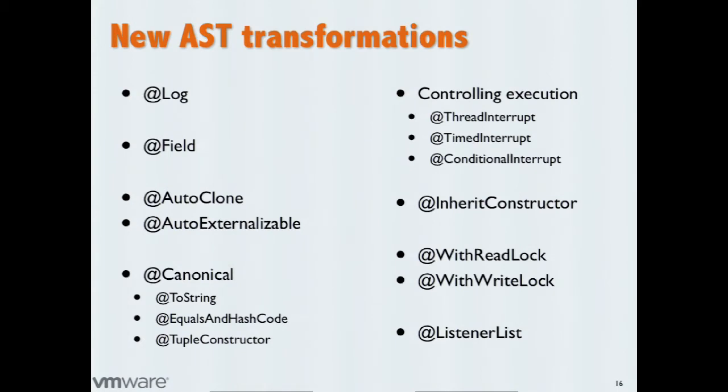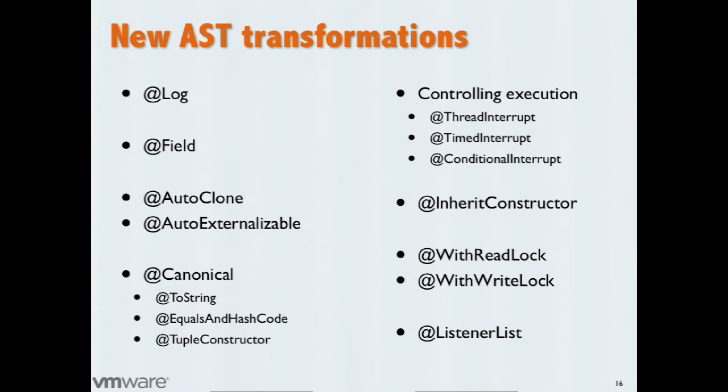The first ones came in 1.6, then some other ones in 1.7, and the latest ones in Groovy 1.8 and 2.0 as well, which simplify, I would say, the life of developers. One of the key design goals of Groovy is that we always try to simplify the life of developers by, for example, allowing you to write less boilerplate code.